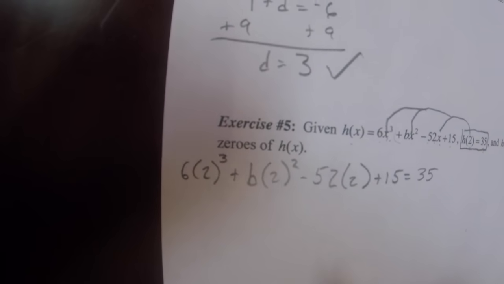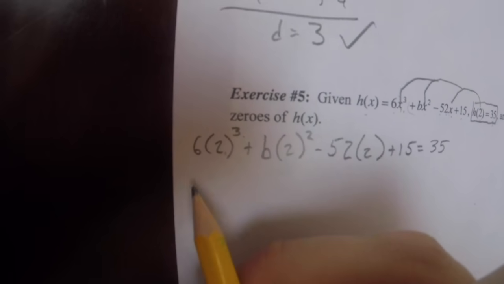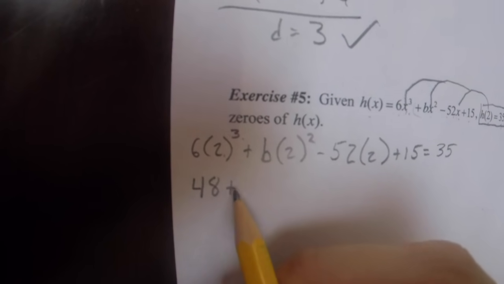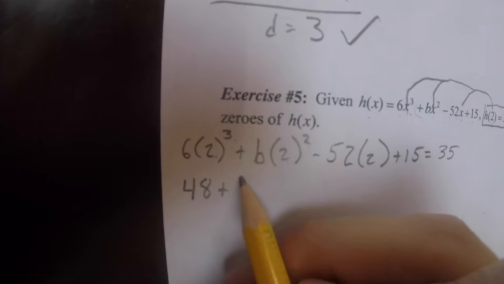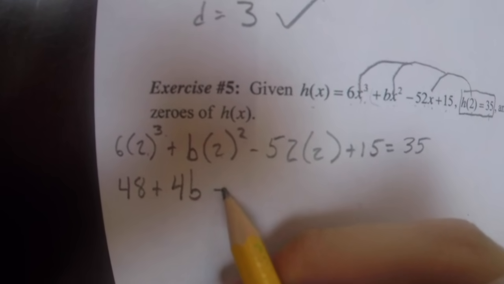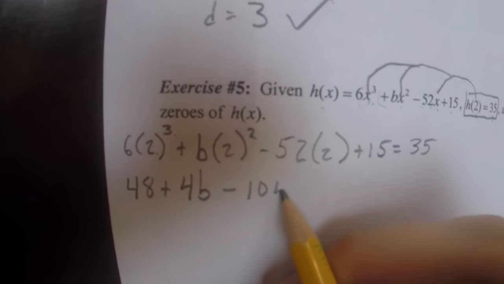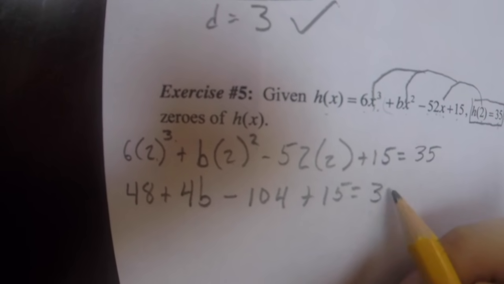Alright, order of operations. 2 to the third is 8. 8 times 6 is 48. Plus 2 squared is 4. 4 times b is 4b. Negative 52 times 2 is negative 104. Plus 15 equals 35.